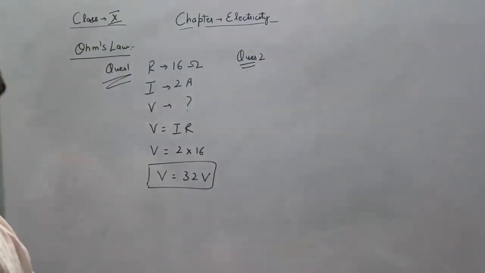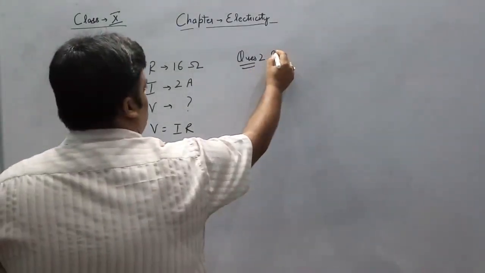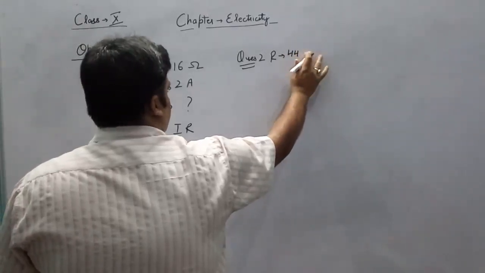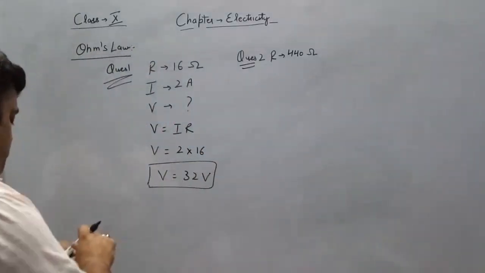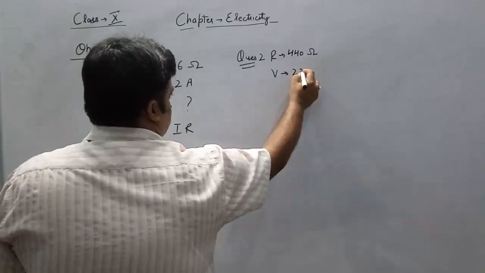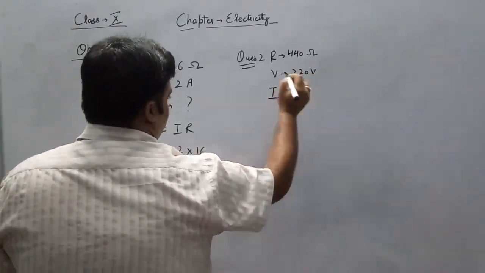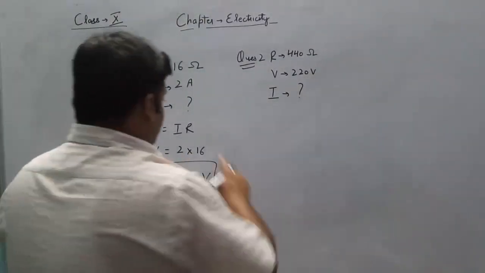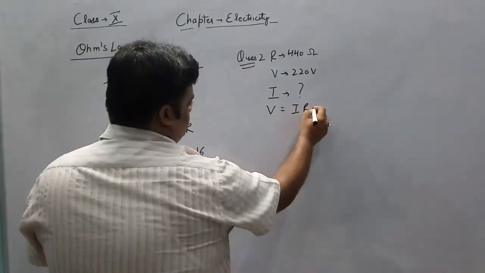Second question. In a given material of resistance 440 ohm, potential difference is 220 volts. We have to find the current flowing through the wire. Again we will take the same relation, that is V is equal to IR.